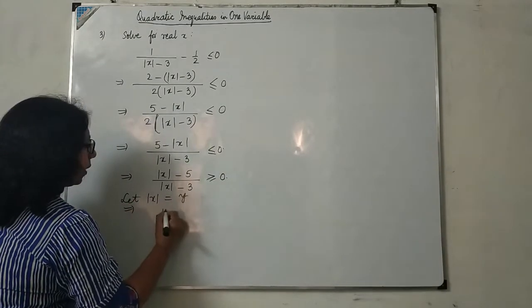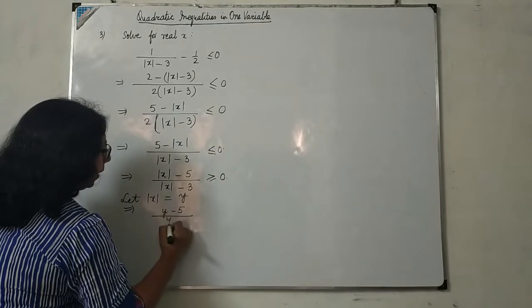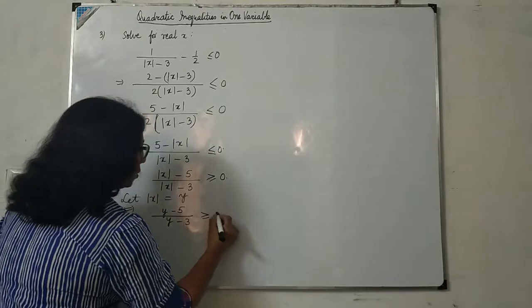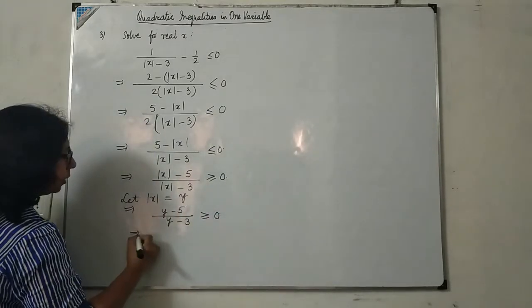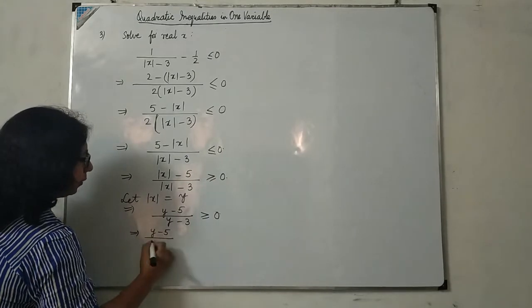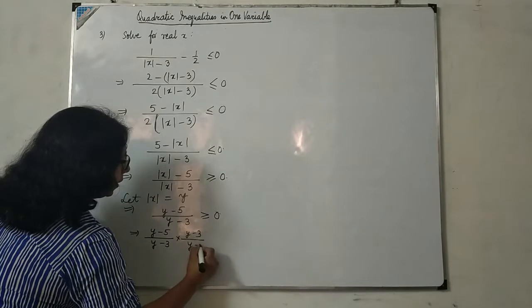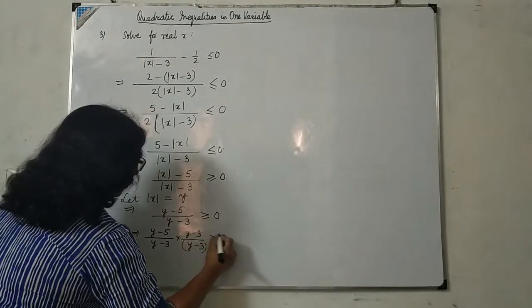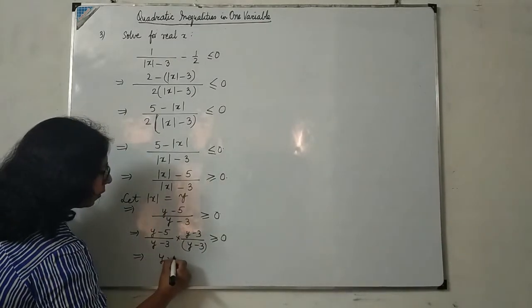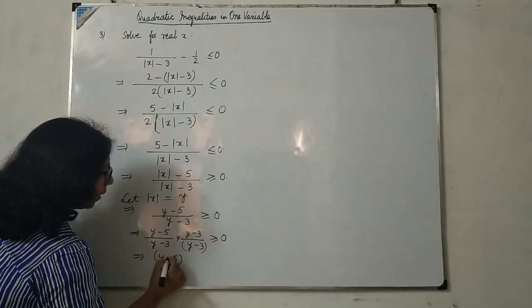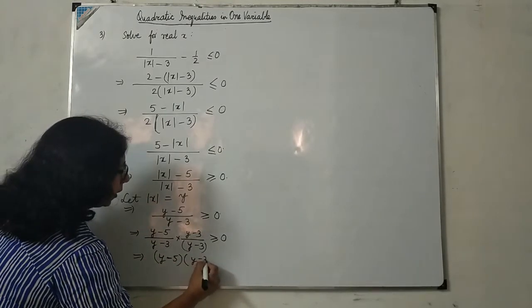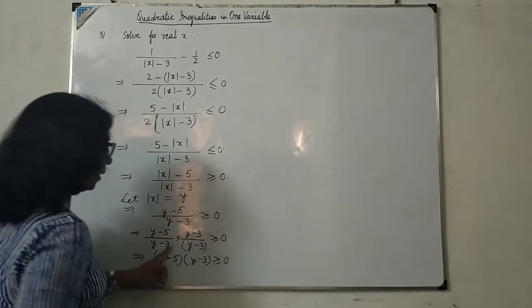So this becomes (y - 5)/(y - 3) > 0. Further, I have to multiply by y - 3, as we have done in previous questions. We get (y - 5)(y - 3) > 0, as the denominator is a square quantity, always positive.